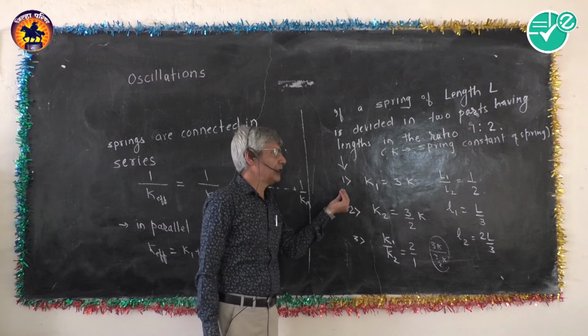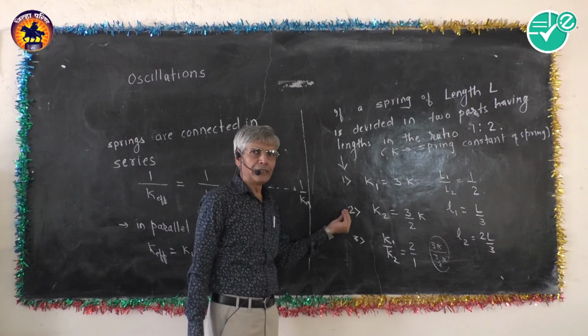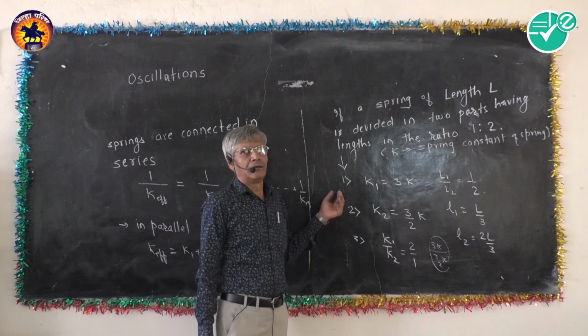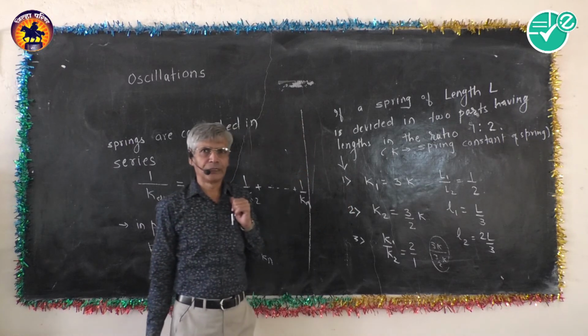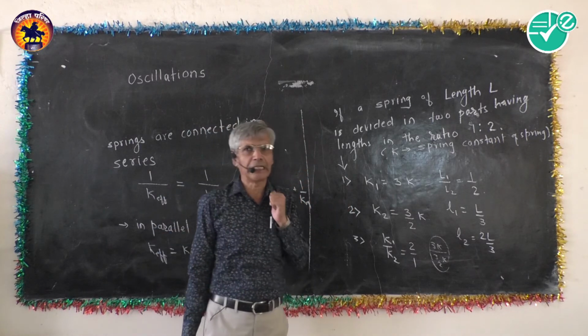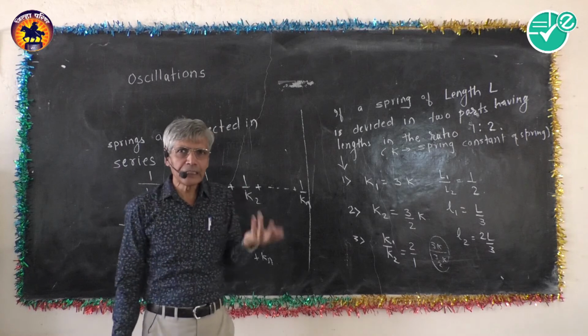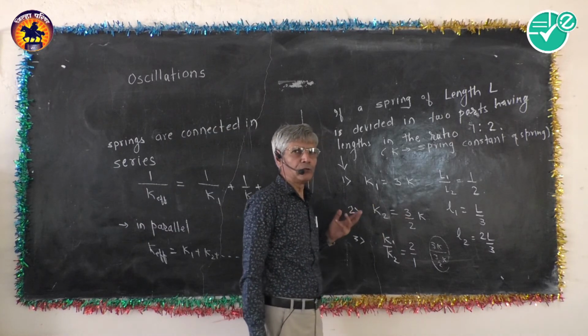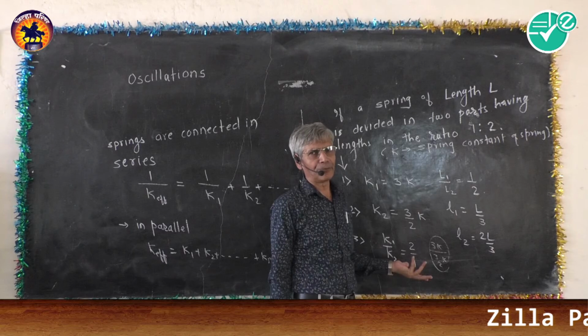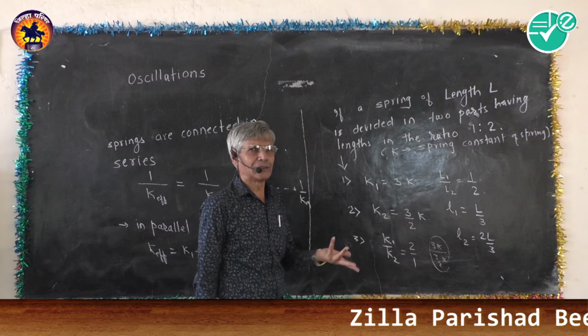The difficulty level is gradually increased. What is the force constant of the smaller part of the spring? What is the force constant of the larger part of the spring? What is the ratio of the force constant of the longer part to the force constant of the shorter part, or vice versa?